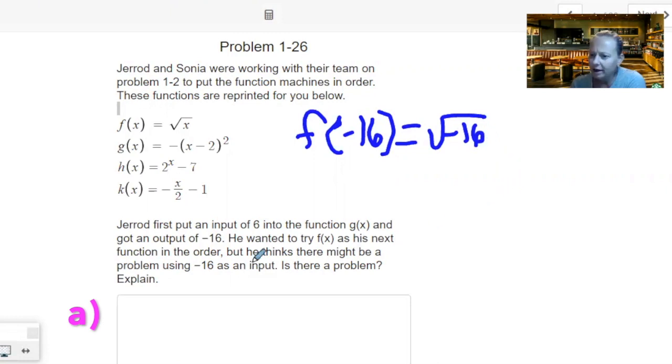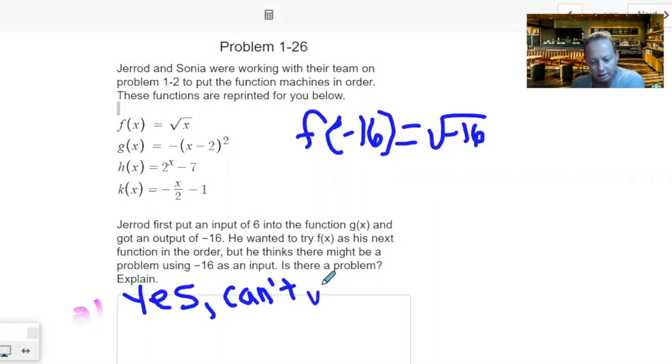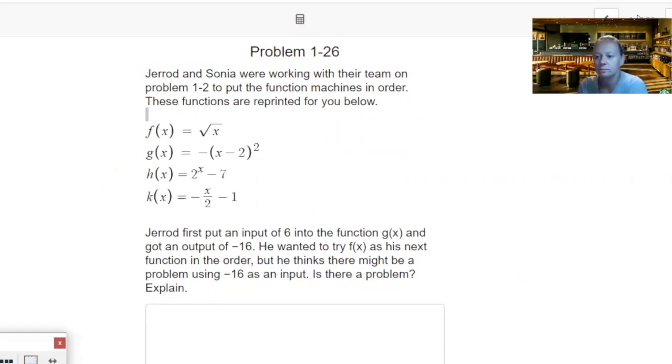Can you square root a negative? No. So is there a problem? Yes, there is a problem. You can't square root a negative number. For now, telling you, second semester, that'll come back up.